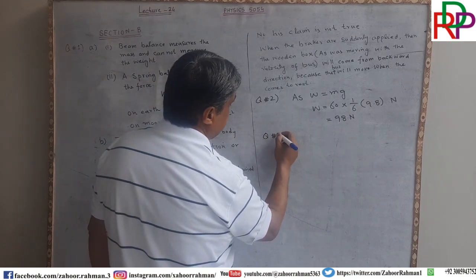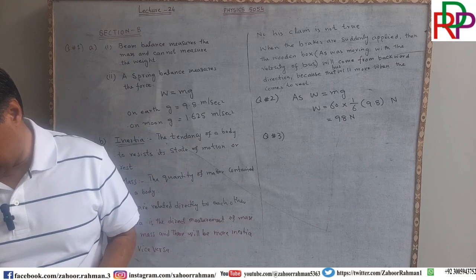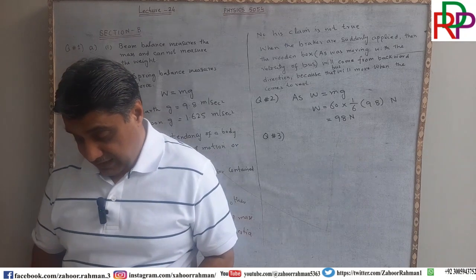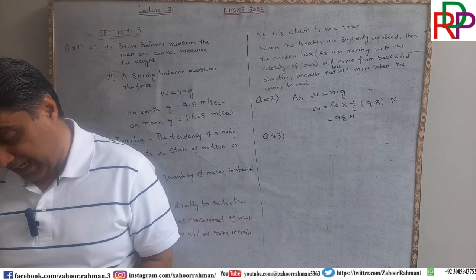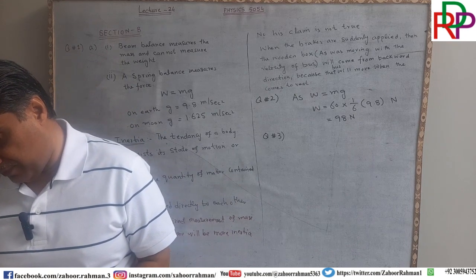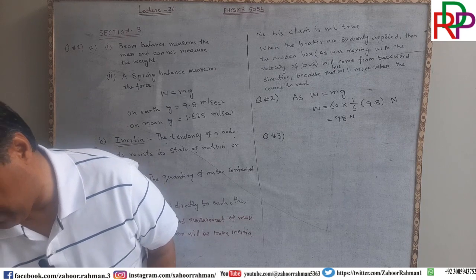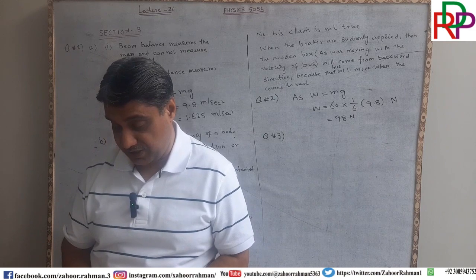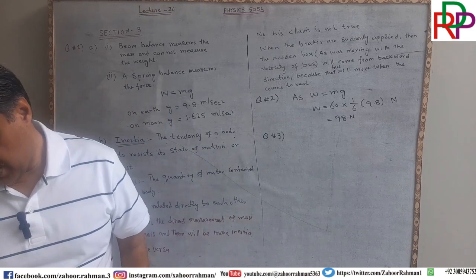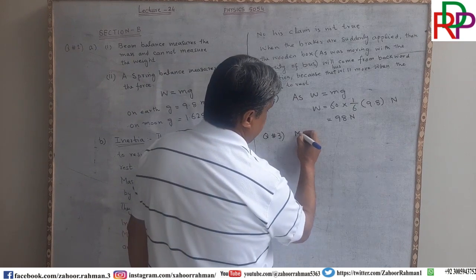Question number 3. A boy has made a model ship with a mass of 1.1 kilogram and a volume of 900 centimeter cube. Now let us write the data.